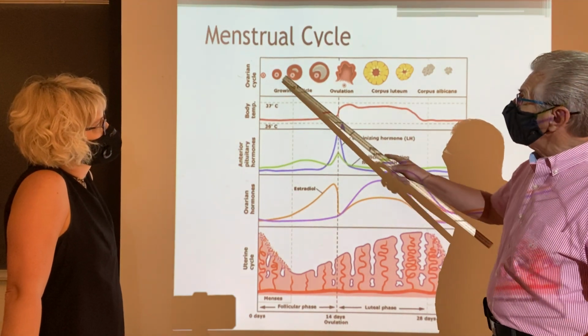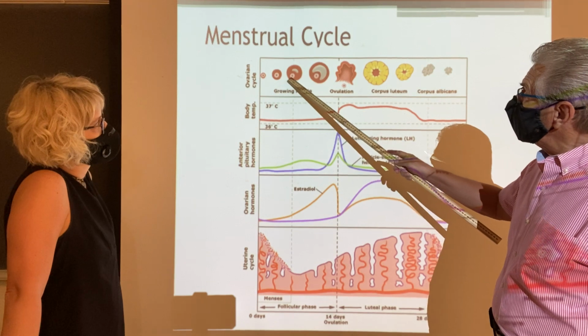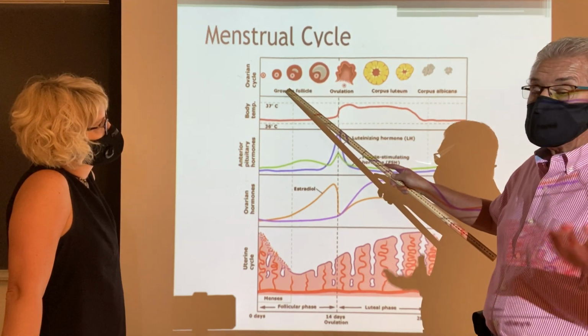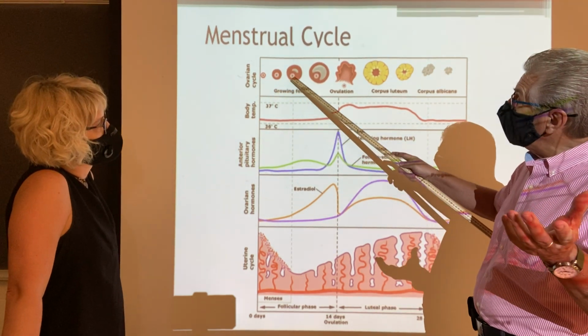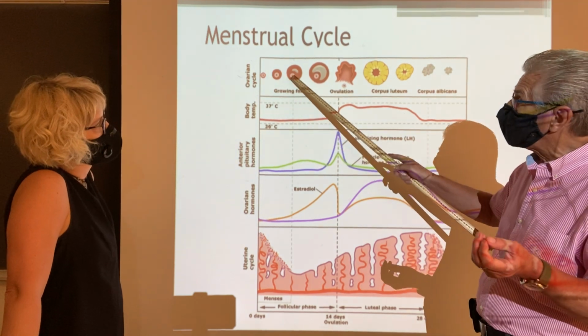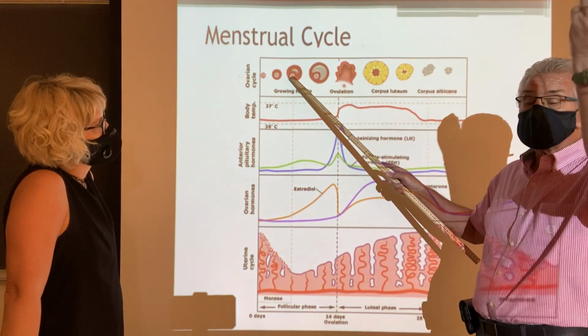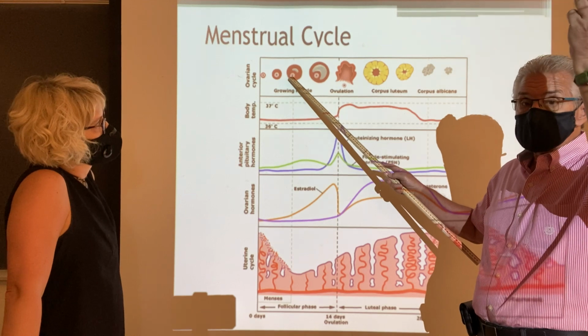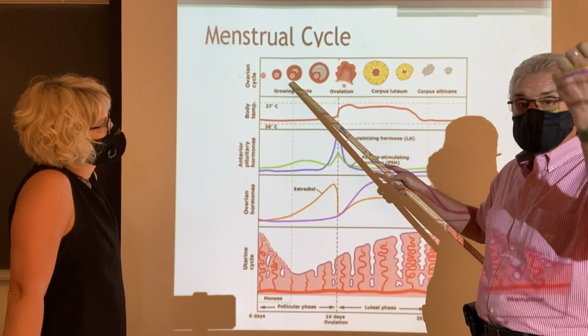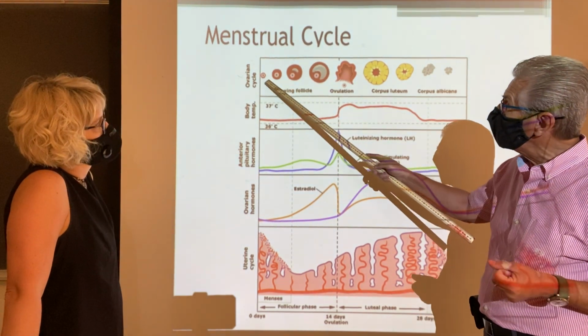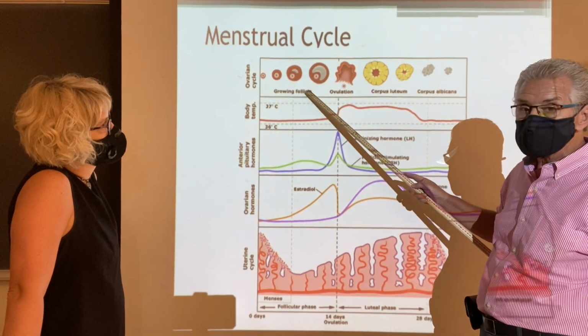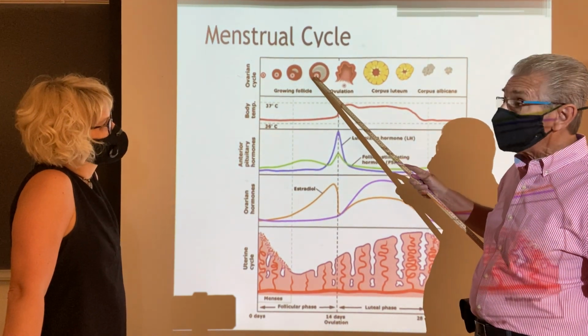Well, the estrogen that was being produced by the growing follicle caused a negative feedback. The negative feedback shut down the further production of FSH because we were now growing the follicles.